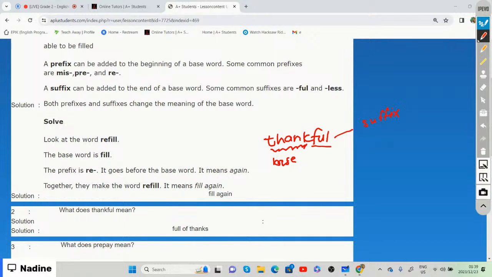And we said that full means full of. So thankful means full of thanks. Full of thanks, you are grateful, lots of gratitude that you're showing. So that is thankful. You are full of thanks. You're grateful.